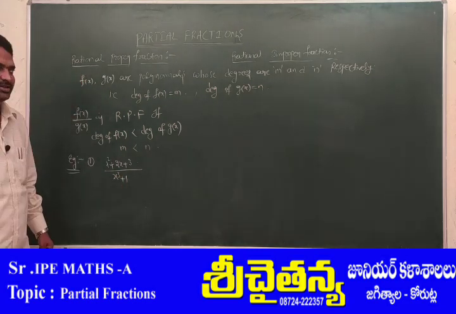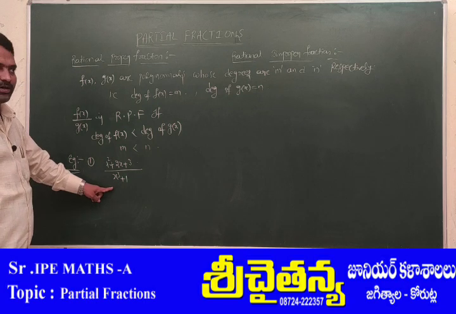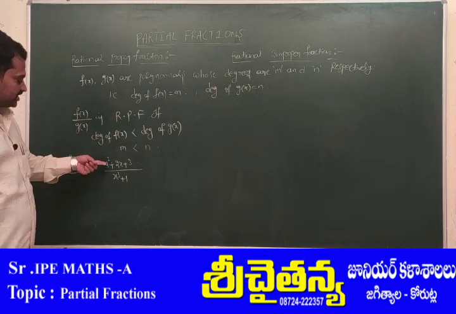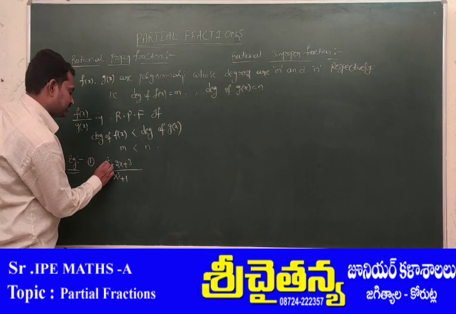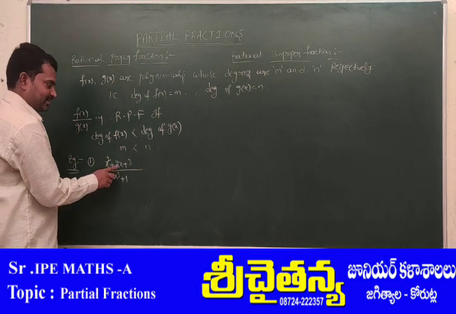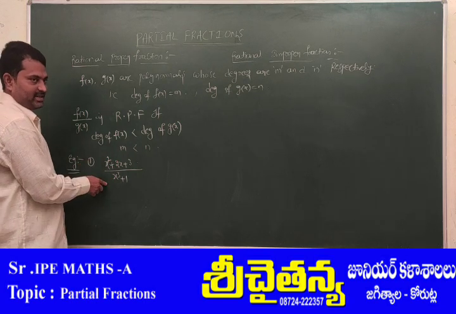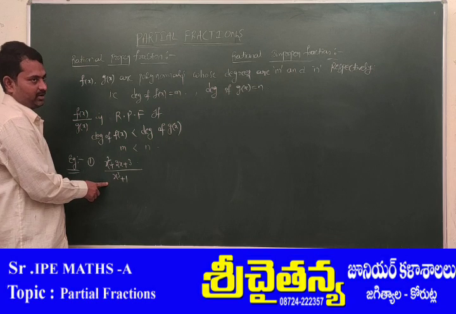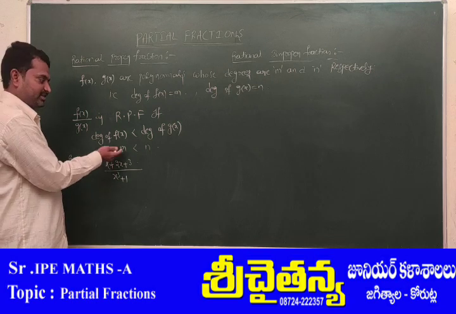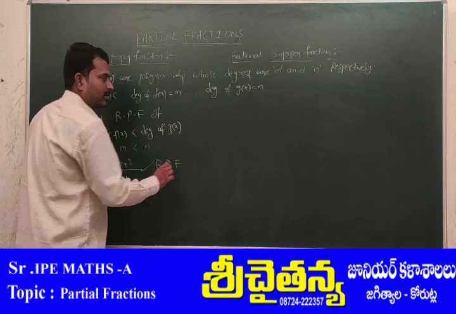Both numerator and denominator are polynomials. What is the degree of the numerator here? x square, so the degree is 2, and here the degree is 3. That means the degree of the numerator polynomial is less than the degree of the denominator polynomial. The condition is satisfied, so this is known as a rational proper fraction.